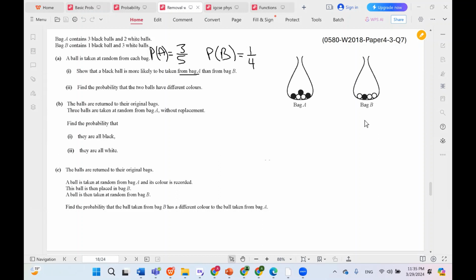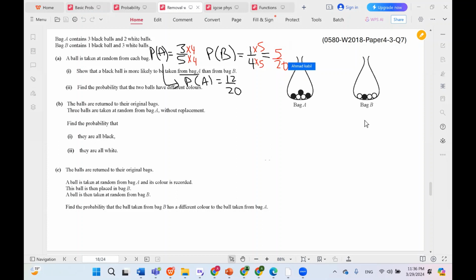So we can say that probability of A equals, and then we multiply up and down by 4 in order to get a common denominator. So this gives us 12 over 20. And then probability of B, in order to get a common denominator, we're going to have to multiply by 5 up and down. And this gives us 5 over 20.